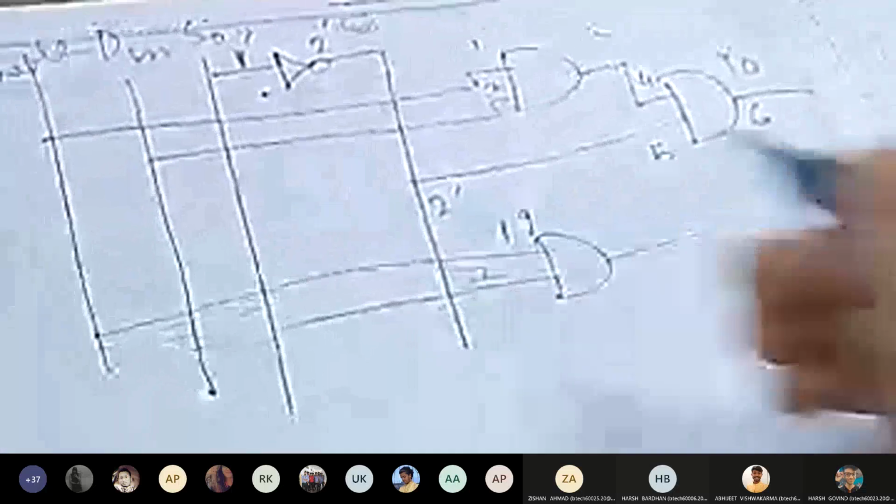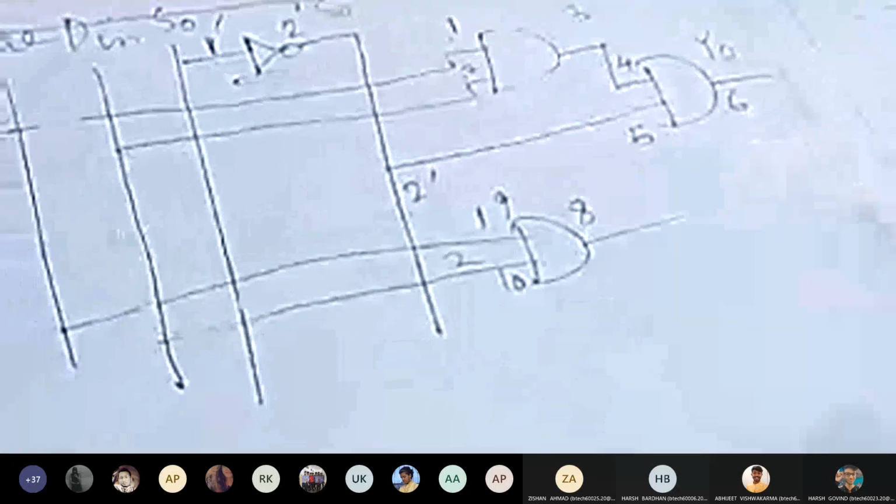This is your enable, that means 1. This is your data input, that is 2, and you get this output. This 1 and 2 will be connected with 4, 5, and 6 has finished. Then 1 will be connected with 9 and 2 will be connected with 10, and you will get the output at 8.